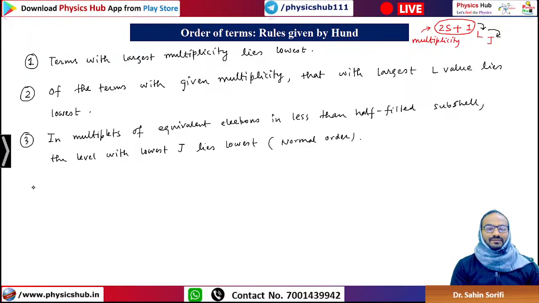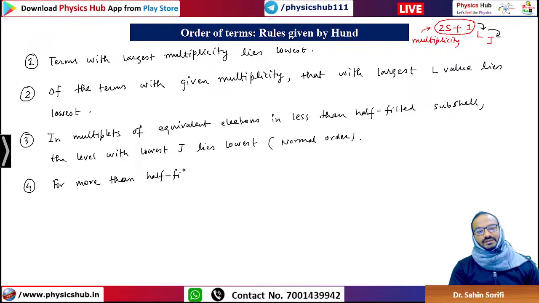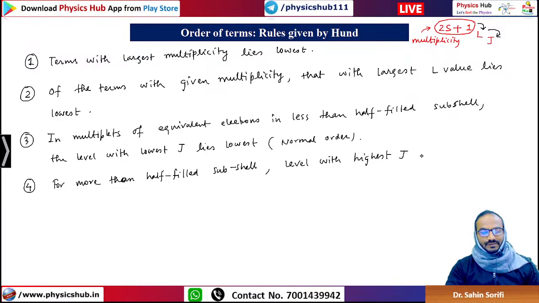Now if it is more than half filled, then reverse order, inverted order applies. For more than half filled subcell, maybe D4 or P4, maybe D6, the level with highest J lies lowest.